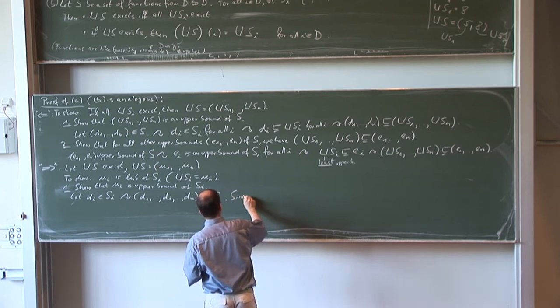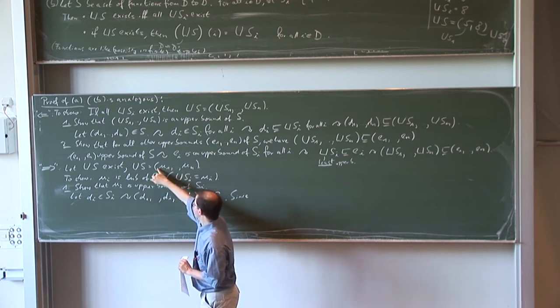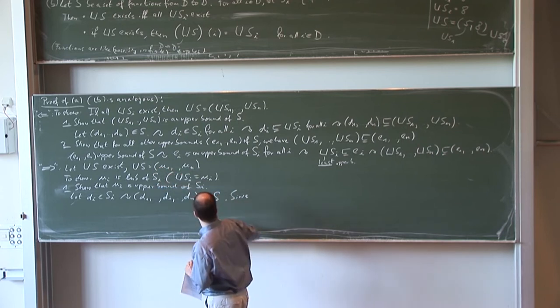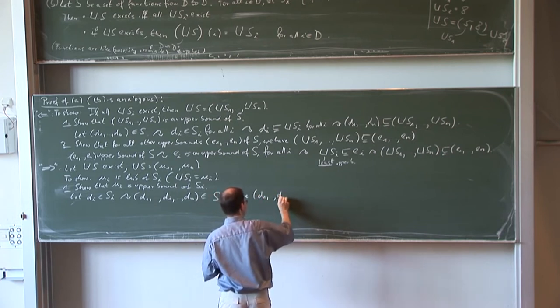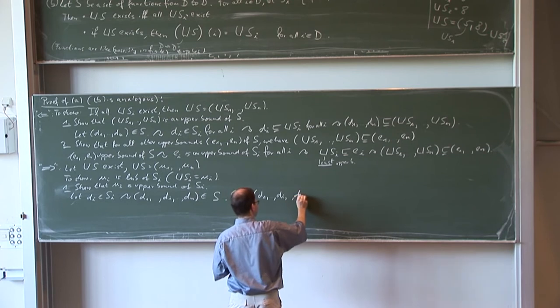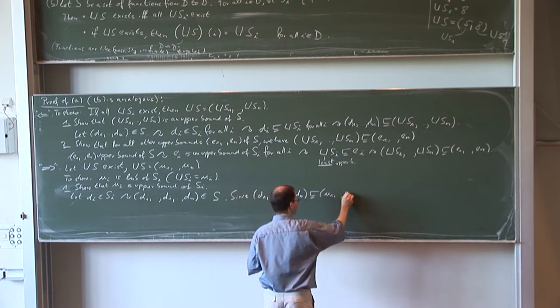And now we know that this is the least upper bound. So U1 to UN is the least upper bound of S, and therefore D1 to dn is less than or equal than this least upper bound.